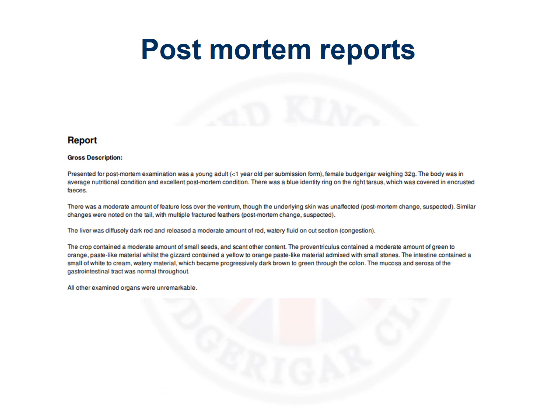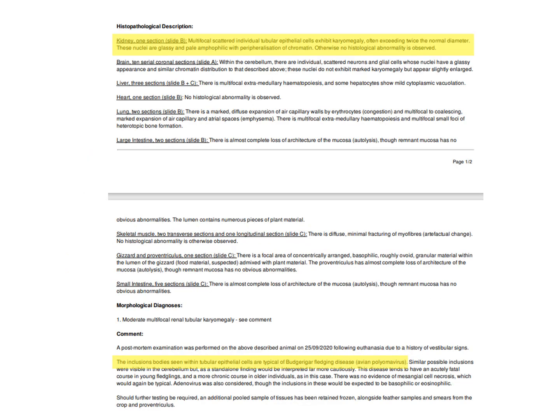And again, on post-mortem, you may see everything is perfectly normal. It might be difficult to identify on a gross post-mortem. Go for your histopath. Go for your kidneys. It's a lovely place to spot inclusion bodies consistent with avian polyomavirus in kidney histopathology.